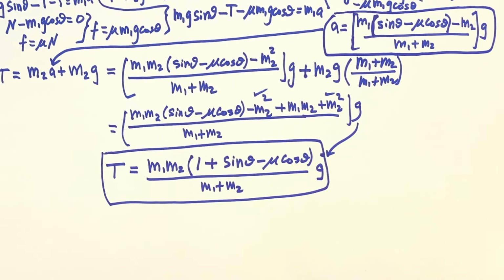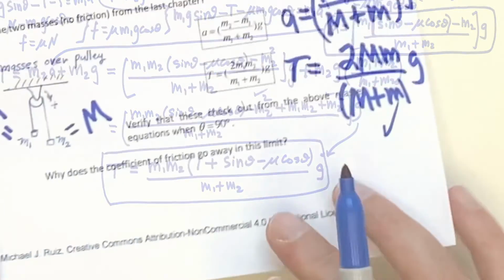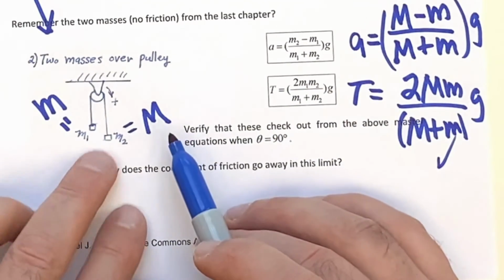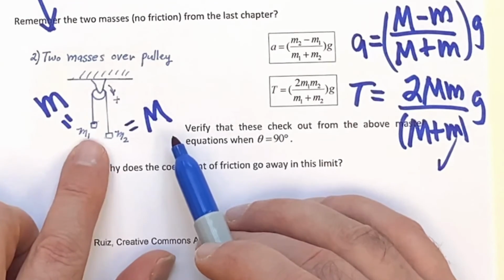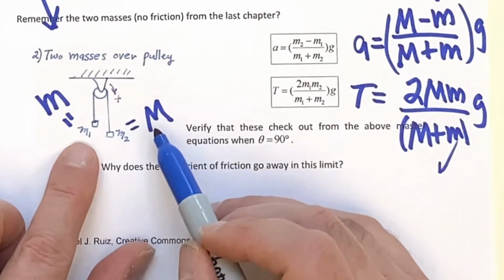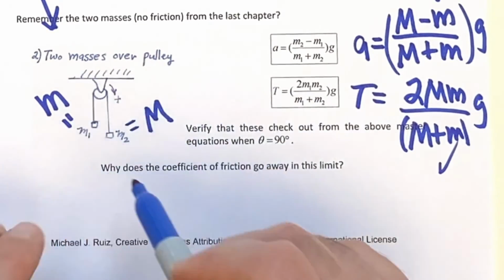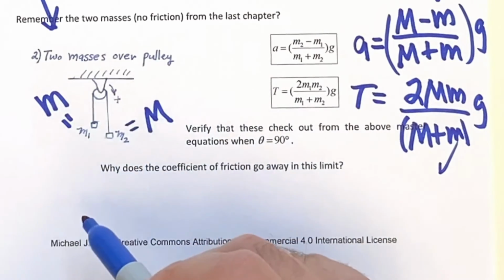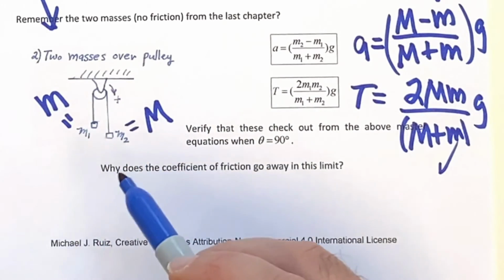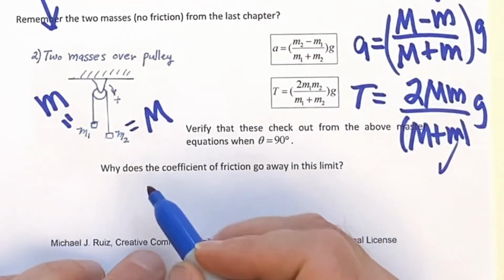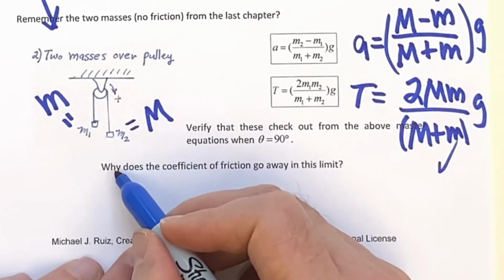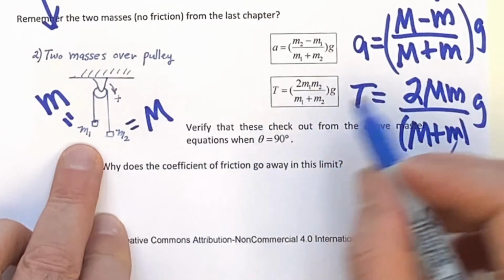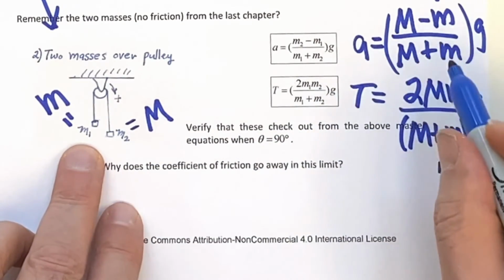So if we want to do a quick check, we can look at the case where we had the two hanging masses. We go back to here, we had the two hanging masses. And now, if we redid this problem where M1 is the big mass, then we have to swap these. So we would have, for example, here, and that would be M1.